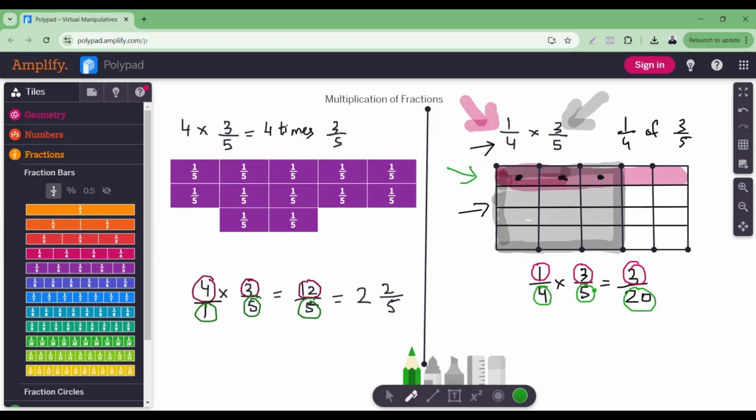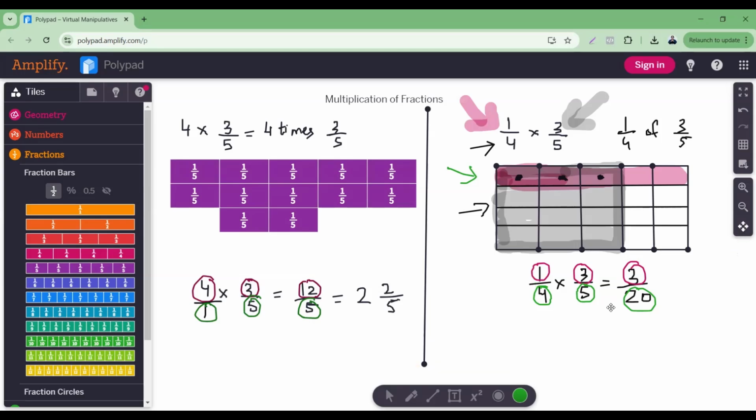For multiplication, if two fractions are given, or let it be integers, if it is an integer, we have to assume that there is a 1 in the denominator. 4 was an integer here, and I assumed a 1 in the denominator. And once you have that, you multiply the numerators, you get the numerator of the product. Multiply the denominators, you get the denominator of the product. That is what is happening, right? It applies for all the cases.